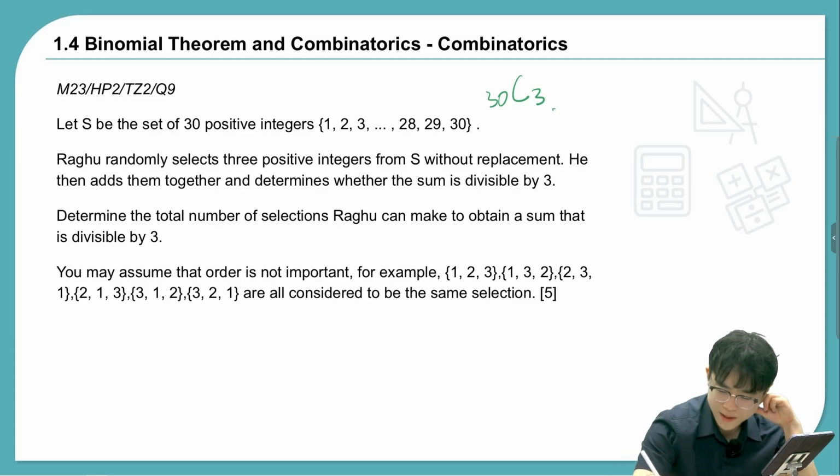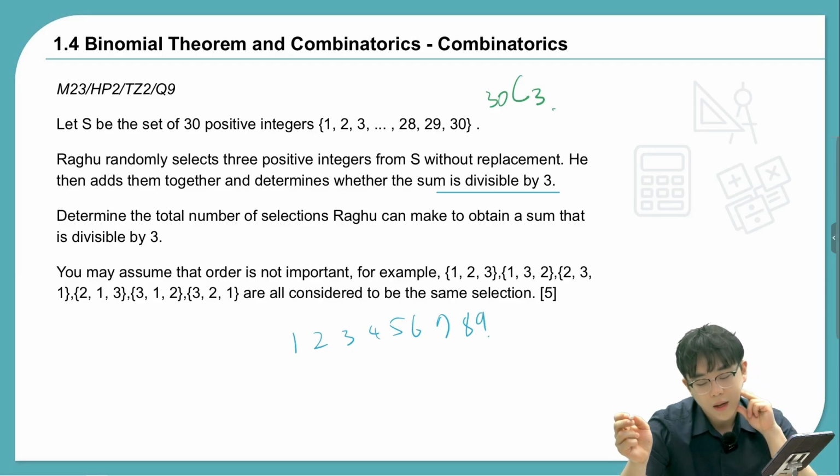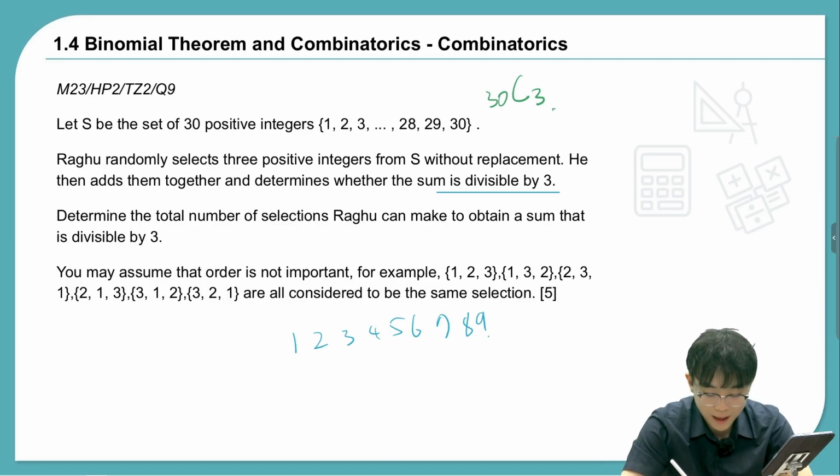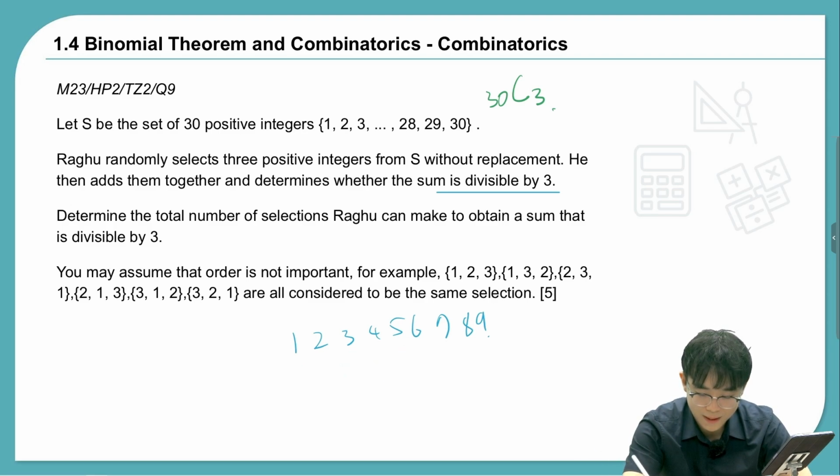So let's think about what we want if the sum has to be divisible by 3. If you have 1, 2, 3, 4, 5, 6, 7, 8, 9, for example, one way we could get a sum divisible by 3 is to add 3 consecutive numbers together, like 1, 2, 3, or 2, 3, 4, or 3, 4, 5. That would be perfectly fine.